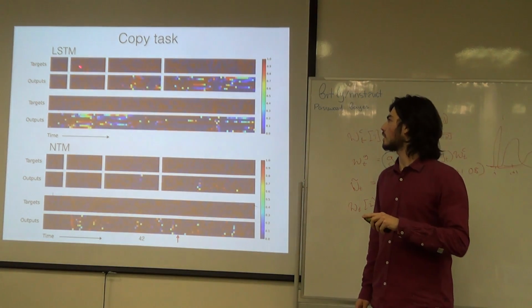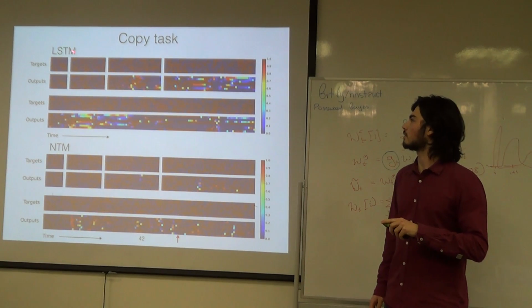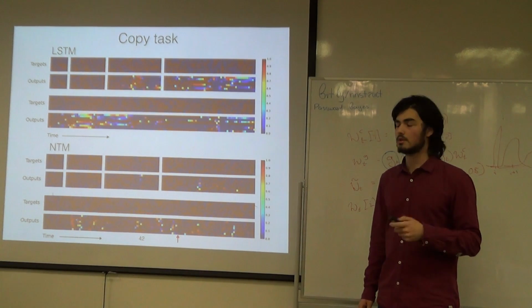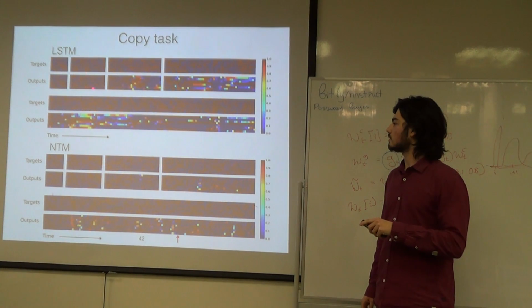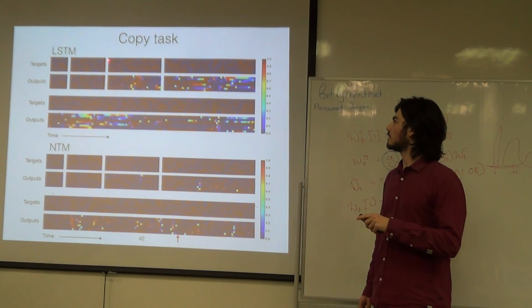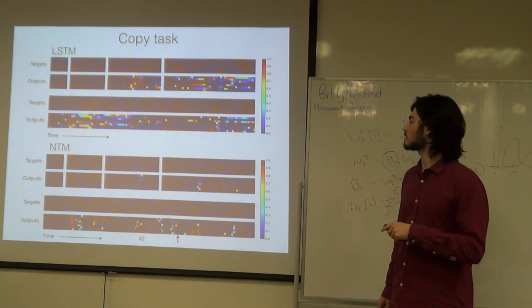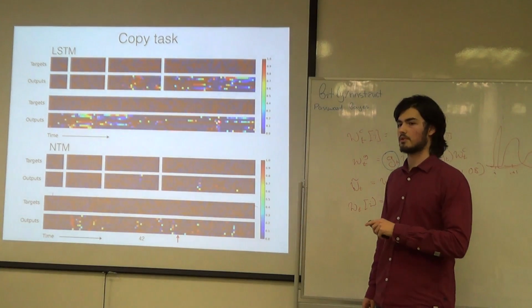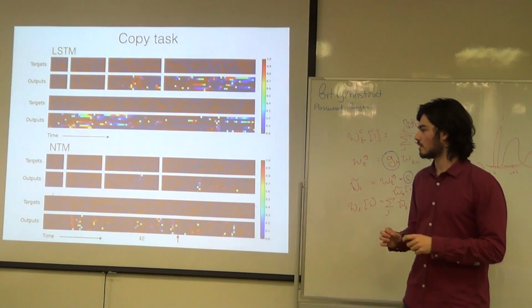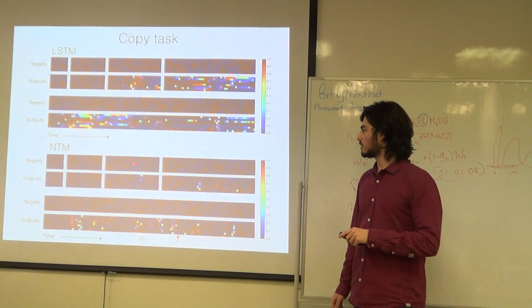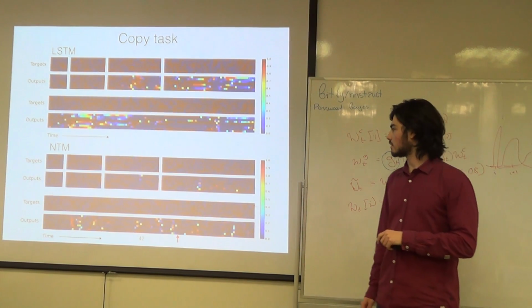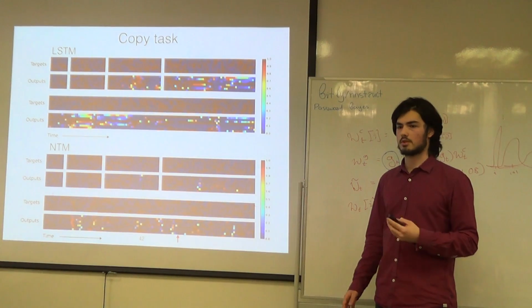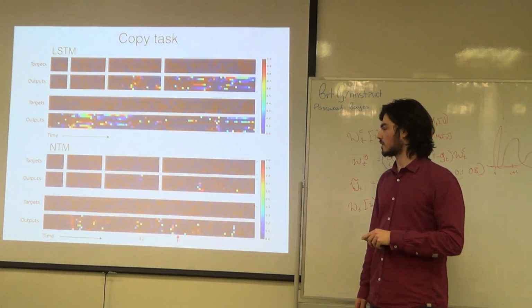For example, here we have the LSTM network prediction on length 20, on which it was trained, and it outputs perfectly. However, if we double the length, then errors start to occur. You see errors here, you see errors here, and on the longest sequence of length 120, you see a whole bunch of errors. However, the Neural Turing Machine perfectly learns the task. Even on larger sequences, it produces correct outputs with a small number of mistakes.